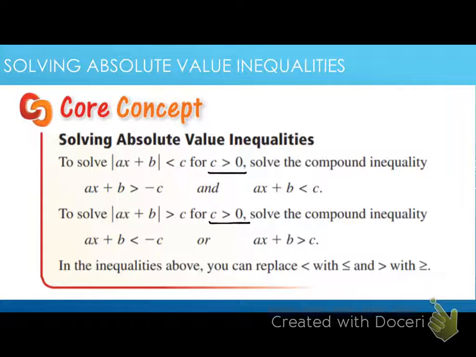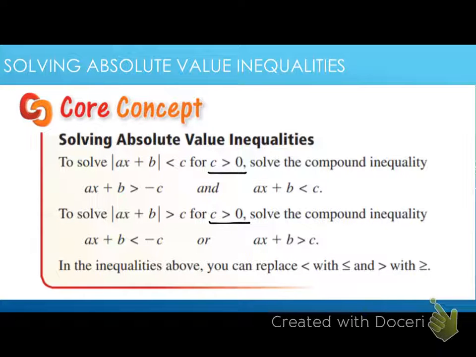So, very similarly to our absolute value equations, our first inequality will be exactly the same without the bars. I don't know why they listed it second. I would have put it first, but it does not matter which place we put it. Okay? First one will be exactly the same without the bars, just like with our equations. Everyone got it? Second one, still making our c value negative.